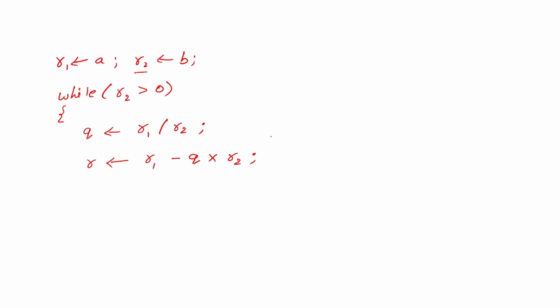Suppose for example, if you take 36 comma 10, this is R1 and this is R2. How can you find the remainder? R is equal to R1, that means 36 minus, what is the coefficient? 36 divided by 10, 3. So 3 into 10 is 30, and this is the remainder.